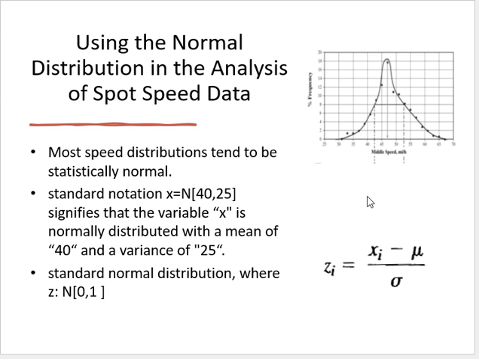So instead of writing that data follows normal distribution, because that will be easy, right? We want to make it complicated. So you write it like this. This says X follows normal distribution with a mean of 40 and a variance of 25.